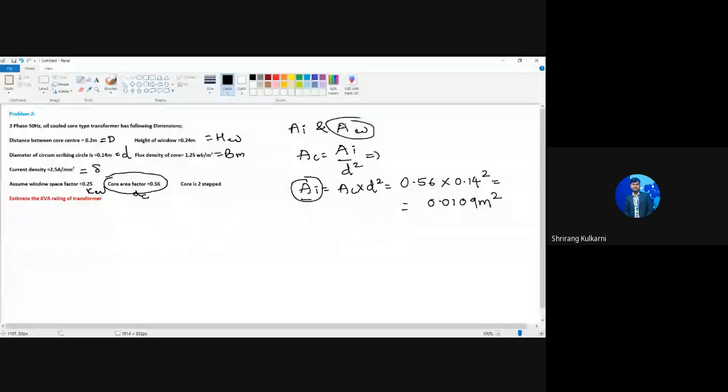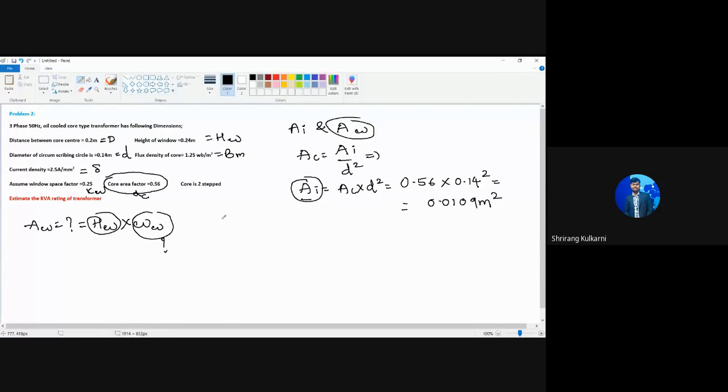Next, how to calculate AW? AW is nothing but the height of window into width of window. Height of window is given. Next, what you have to calculate? Width we have to calculate. How to calculate that?